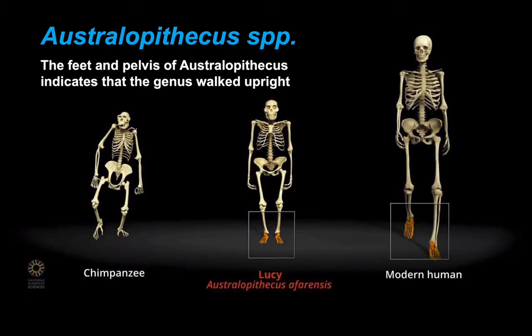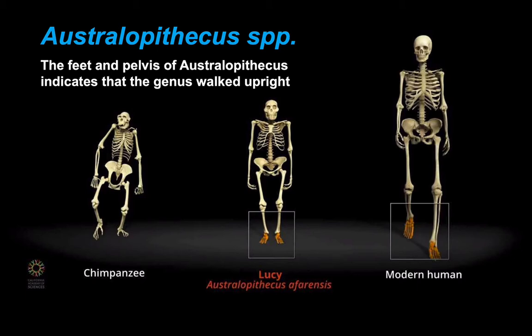Chimpanzees, not so much. Chimpanzees can walk upright, but it's quite awkward. Australopithecus, though, had that same pelvic and leg structure and thigh structure that modern humans have. Clearly adapted for an upright mode of life.